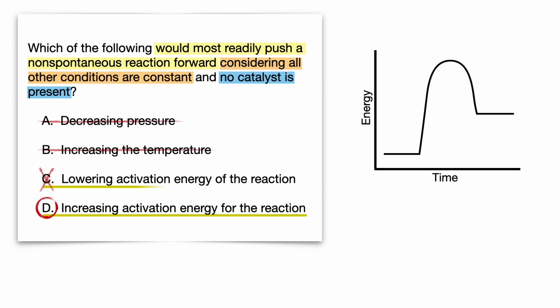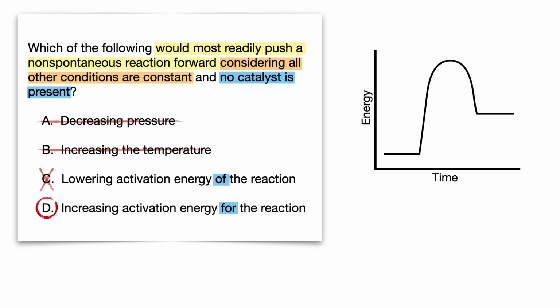If that's not what you were thinking, or you just can't see choosing increasing activation energy, then pay careful attention to grammar between these two answer choices. C says lowering activation energy of the reaction, and D says increasing activation energy for the reaction.